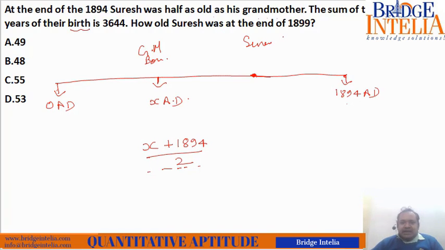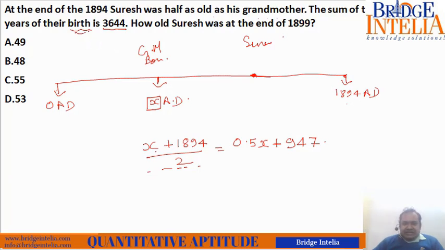Now the sum of their years of birth is 3644. Grandmother's year of birth is X. Suresh's year of birth is this much, which is equal to 0.5x plus 947.